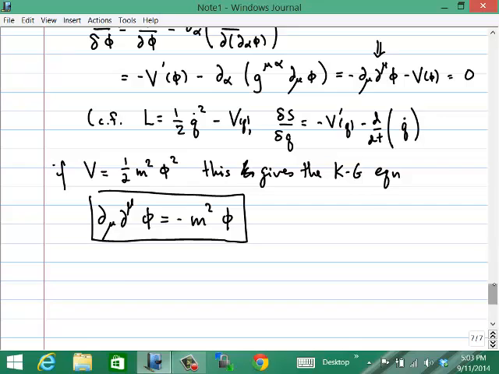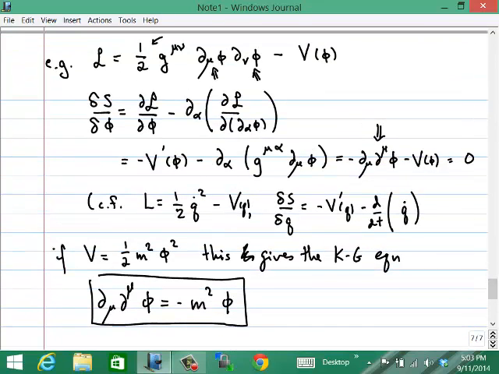So the action that I wrote down up here is a generalization of the action describing a Klein-Gordon field to a more complicated set of theories, where the φ appearing on the right-hand side of the Klein-Gordon equation was replaced by a more complicated function of φ. It was replaced by V'(φ).